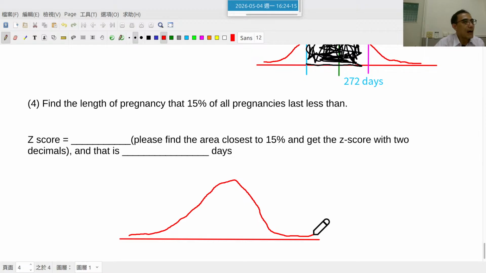We need to find the area 50%. 50%, 15%. Okay, I guess maybe somewhere here. Somewhere over here. And the area to the left.